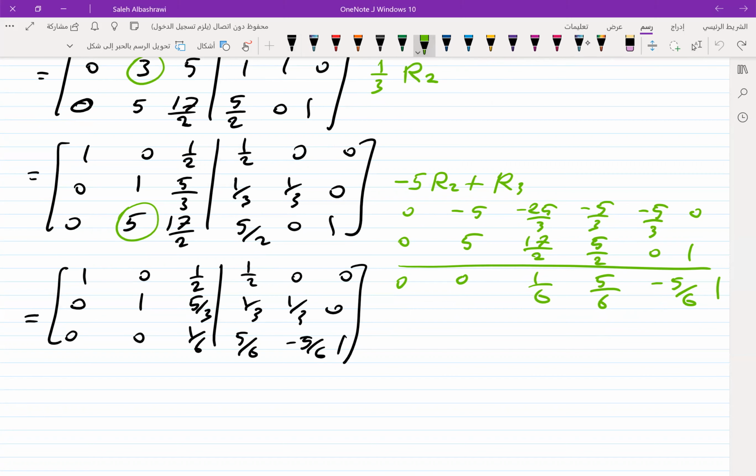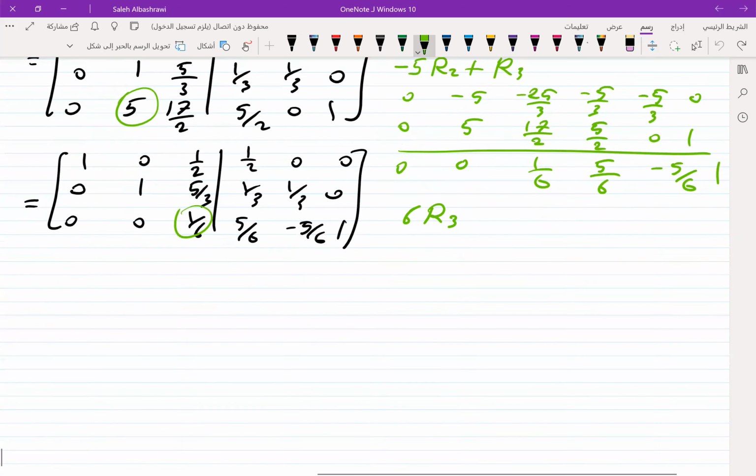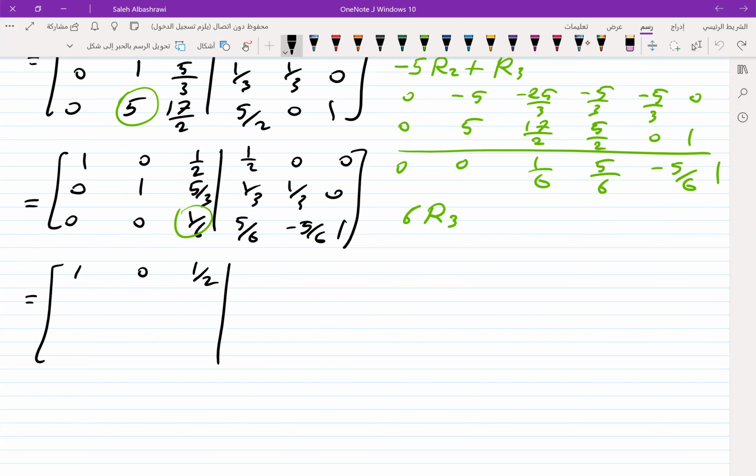Now I need to make this equal to 1. We will multiply the third row by 6. 6 multiplied by the third row is equal to 1, 0, 1/2, 1/2, 0, 0.